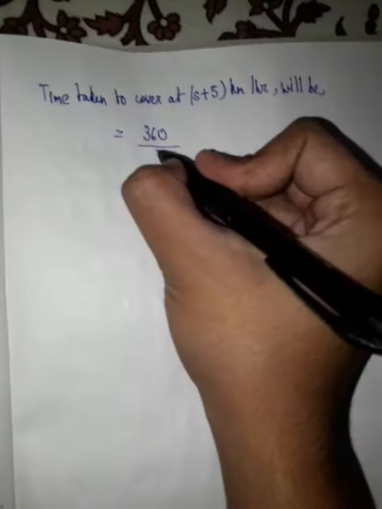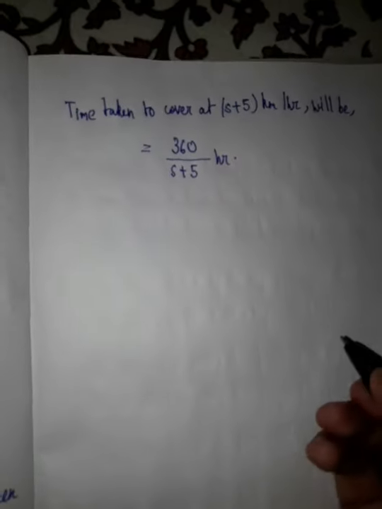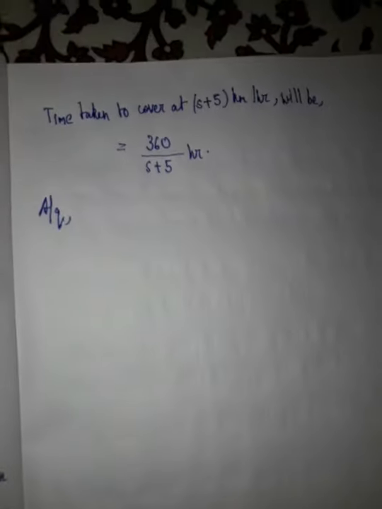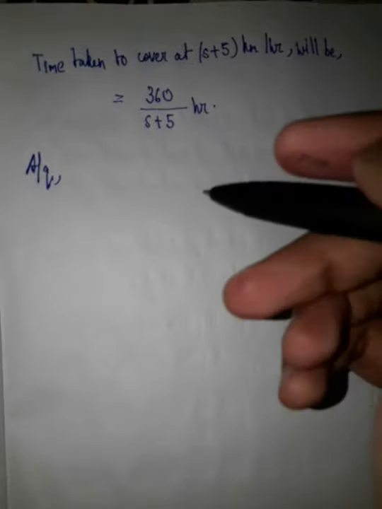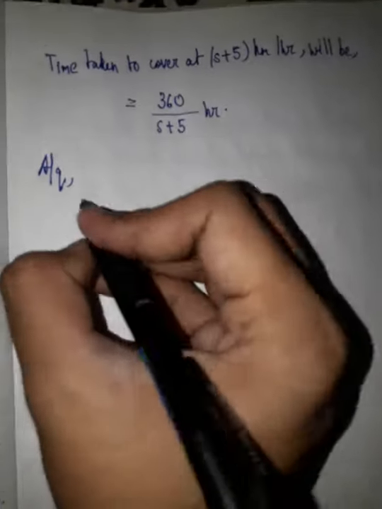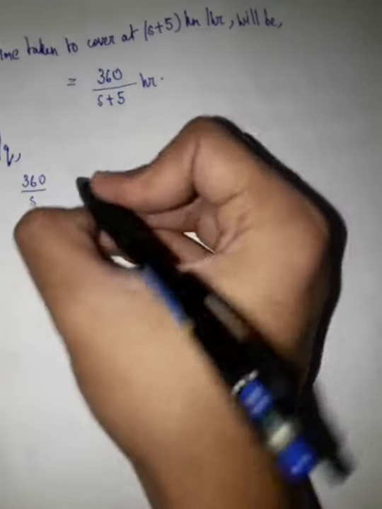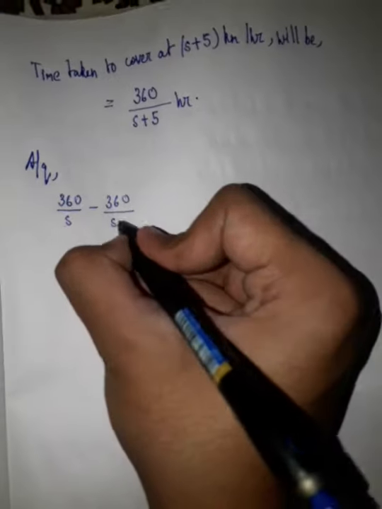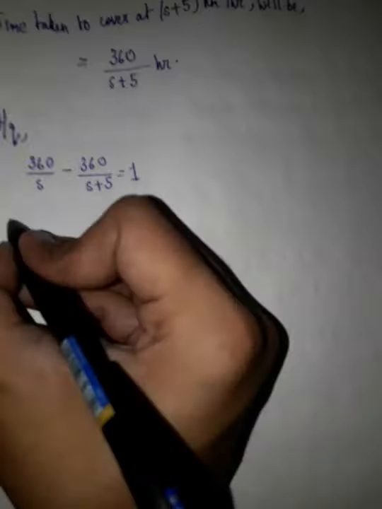The distance remained the same, but the speed changed. So it will be 360 by s plus 5. According to the question, it will take 1 hour less if it had moved at 5 more kilometers per hour. So the equation we may write is the first time minus the second time equals 1. Understood, guys?